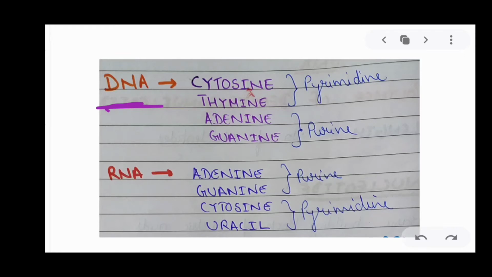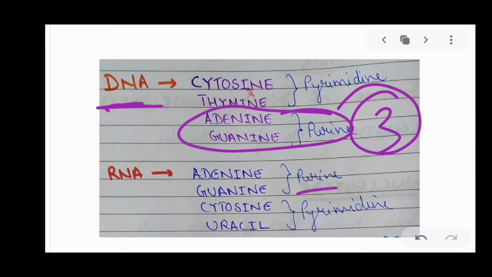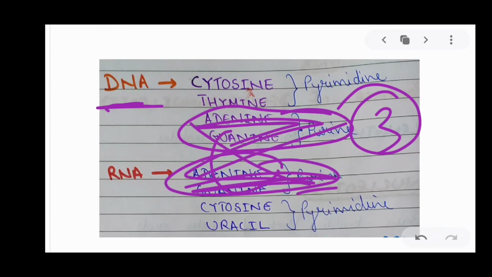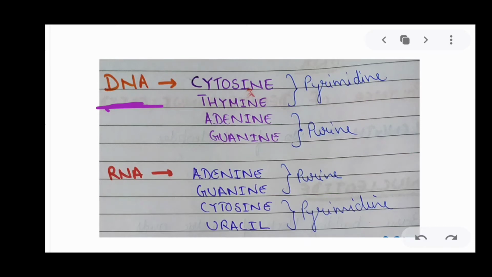That is the reason why we have three types for the pyrimidine, whereas only two types for the purine, because the purines, adenine and guanine, are the same for both of them, so we don't need to remember them separately, because by default they are present in both DNA and RNA. But thymine and uracil are the different components. Even cytosine doesn't need to be specially remembered, it will get remembered as practice goes on.